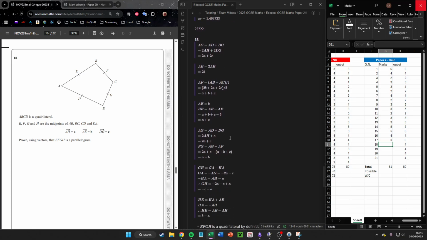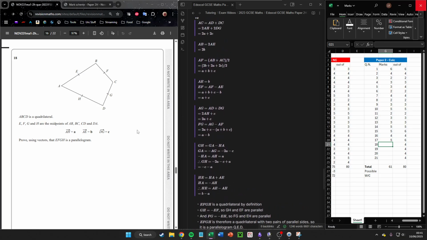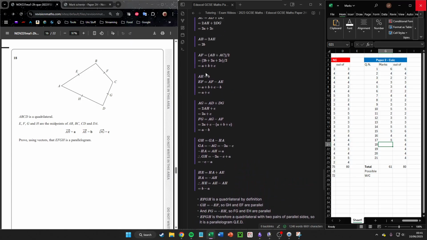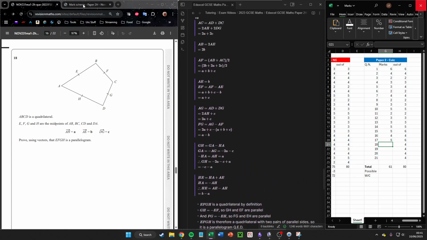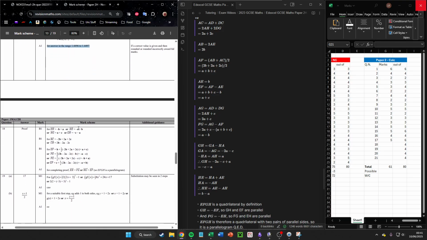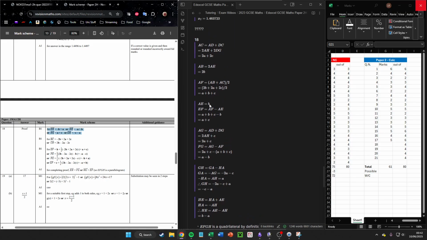Question 18 is a vector proof, which I feel is quite a long proof. Let's try our best to get this done quickly. EH equals, so did I say, oh my God, there are so many possibilities. So did I at any point mention EH?